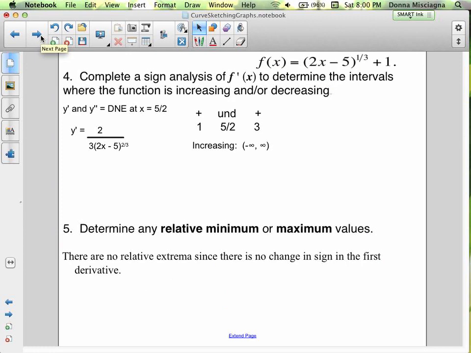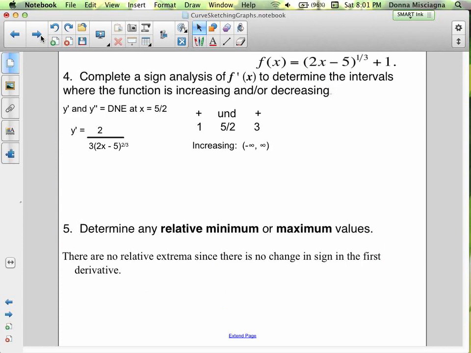Complete a sign analysis of the first derivative to determine the intervals where the function is increasing and or decreasing. All right, so our only critical point is 5/2. If we plug in something less than 5/2 like 1, we will be increasing, right? Because if I plug in 1, it's going to end up being a positive number when we plug that into the first derivative.